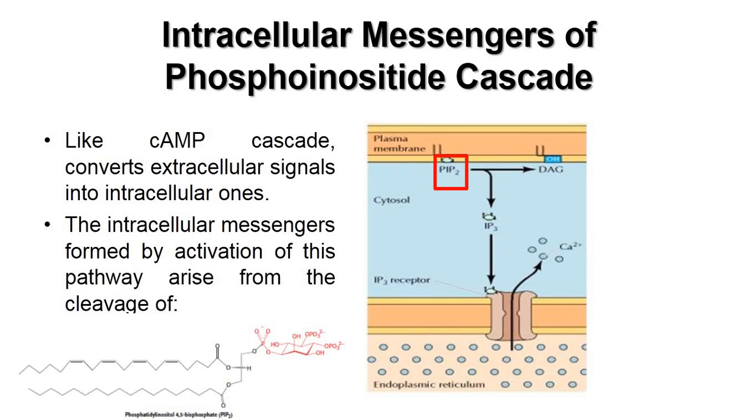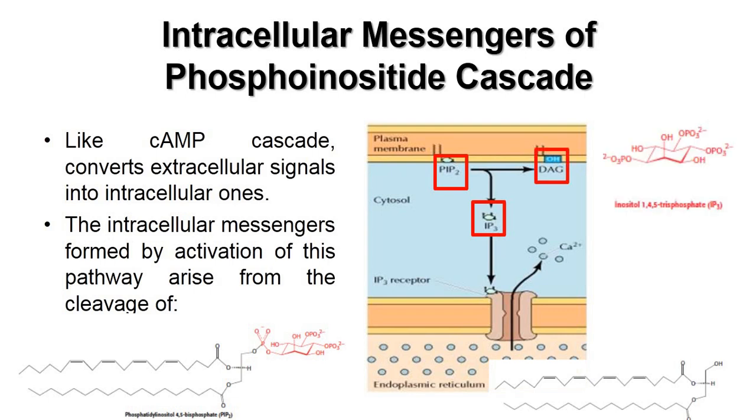I have already highlighted phosphatidyl inositol 4,5 bisphosphate. This molecule, PIP2, is a membrane bound molecule, and it is cleaved into two parts: diacylglycerol and inositol 1,4,5 triphosphate, that is IP3.